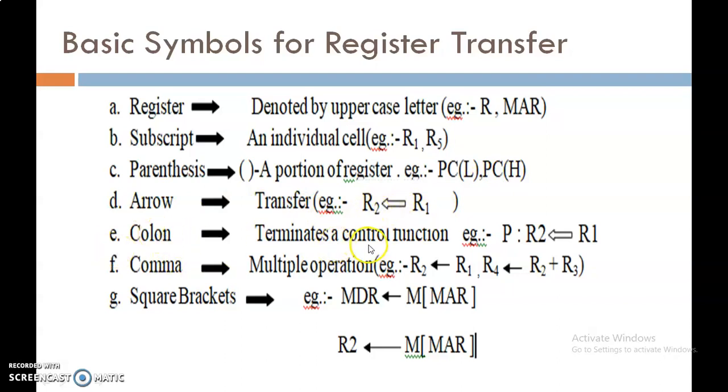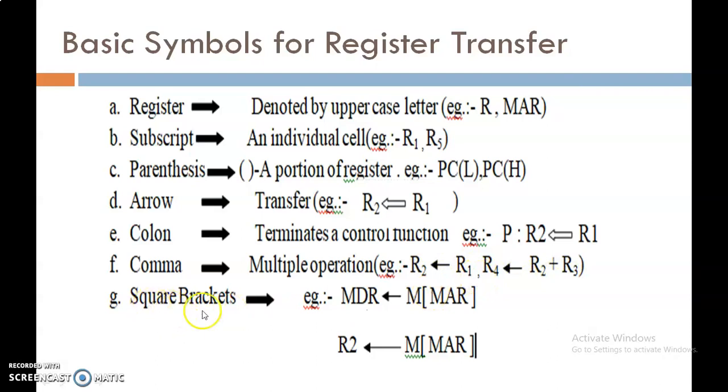Colon terminates a control function, meaning it denotes the control function. When P equals 1, then transfer occurs from R1 to R2. Comma: whenever we have multiple operations in RTL, the operations are separated by a comma. For example, here first is a transfer operation, then second is an addition operation, and these two operations are separated by a comma.